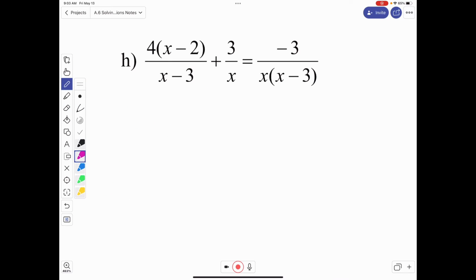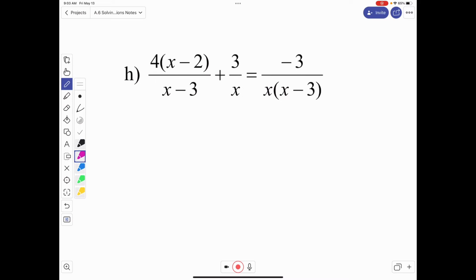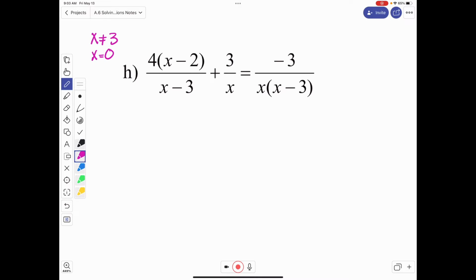All right, on this one, again, we have fractions. So if we look at what x can't be, x can't be positive 3, x can't be 0, and then, of course, that last fraction there, x and x minus 3, would give us the same thing. So if I look at my least common multiple, I have x minus 3, I have x, and then x minus 3.